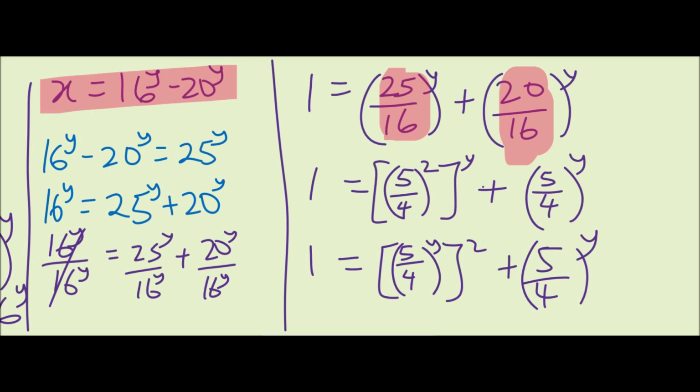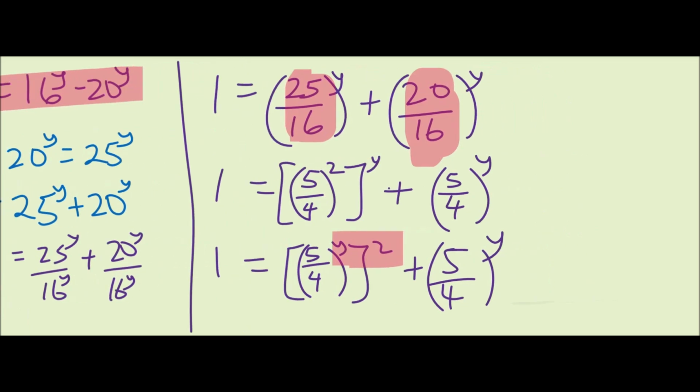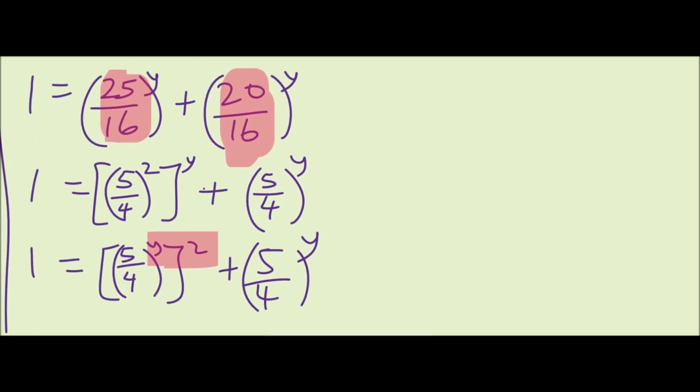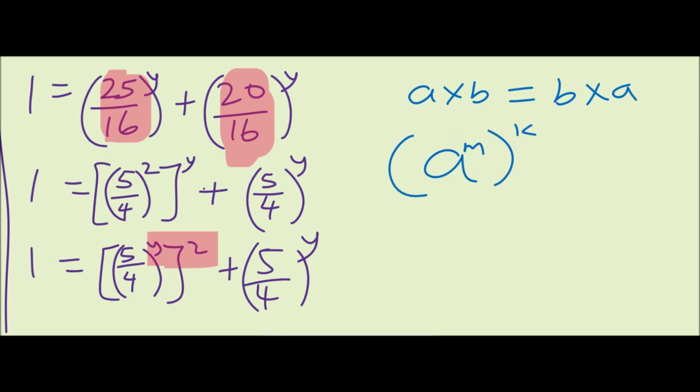How did I manipulate this? We know that multiplication is commutative. So if I have a times b, it is still the same thing as b times a. If you have a to the power of m to the power of k, we know in indices this is called the power law. So this should be a to the power of mk, that's m multiplied by k.